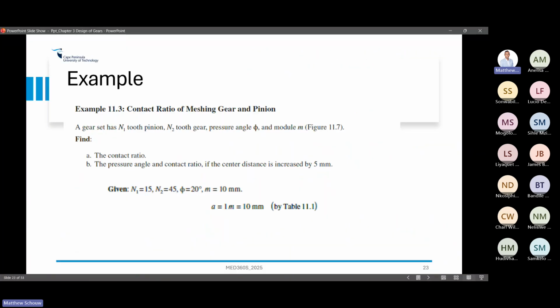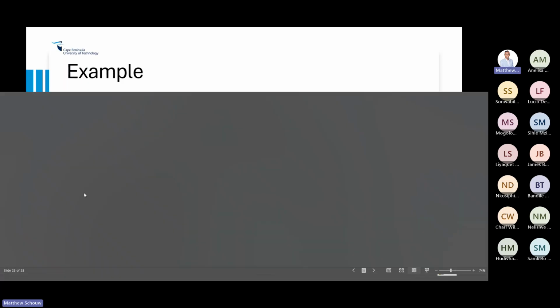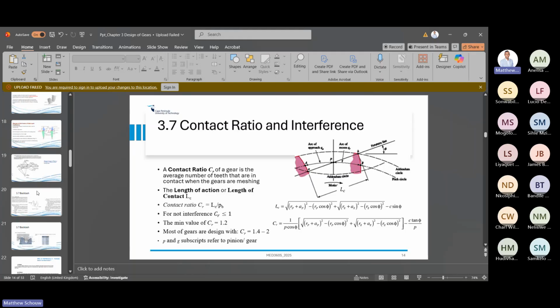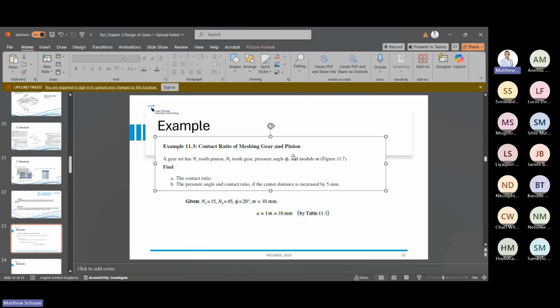So anyway, let's quickly get your books out. Let's try this one. We're going to be doing a contact ratio type problem. And you'll notice there's quite a few of these problems, so treat them with respect. It might just come up.